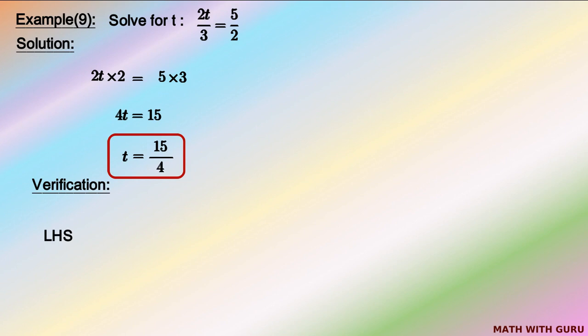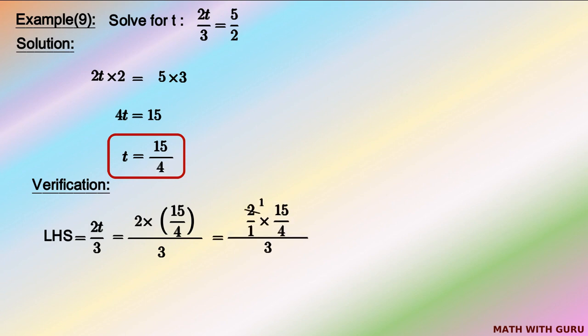Let us verify our answer quickly. 2t over 3, that is 2 into 15 over 4 whole divided by 3. 2 over 1 into 15 over 4, 2 ones are 2, 2 twos are 4, we get 15 over 2 divided by 3 over 1.